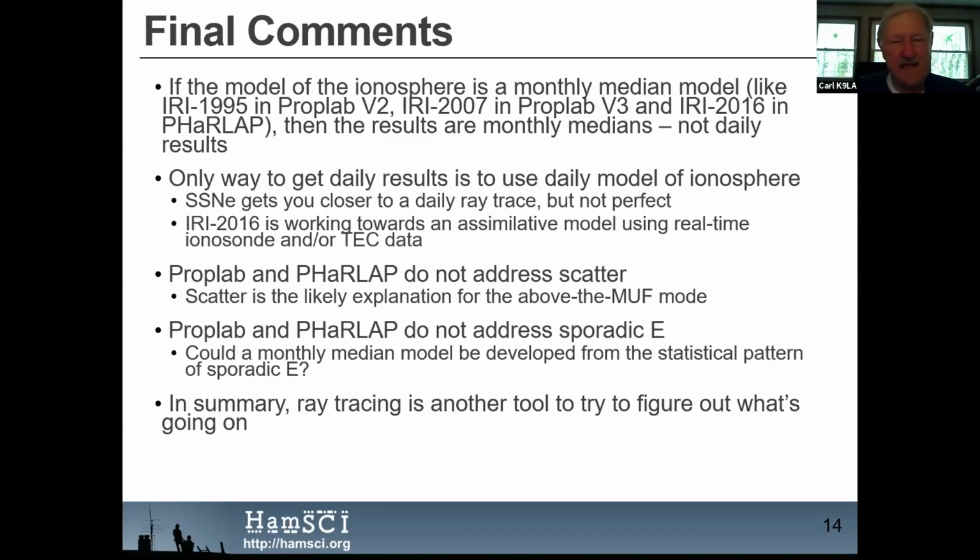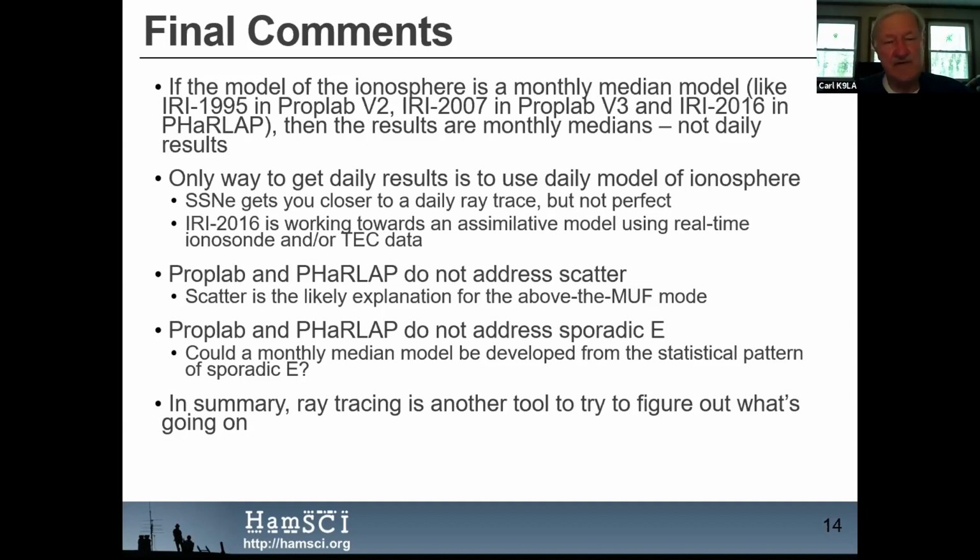We can't do scatter unless somebody can think of a model of the ionosphere that addresses that. Well, I think it's more than the model of the ionosphere. It's probably the actual Appleton-Hartree equations and all that kind of stuff.